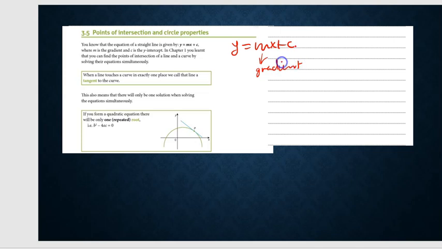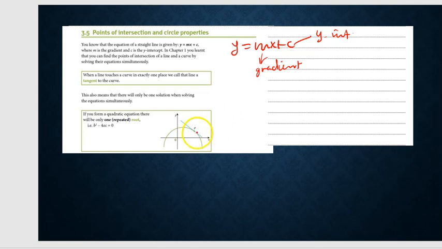And we know that c is nothing but the y-intercept. From chapter 1, you learned that you can find the points of intersection of a line and a curve by solving their equations simultaneously. That means that when a line touches a curve in exactly one place, we call that line a tangent.